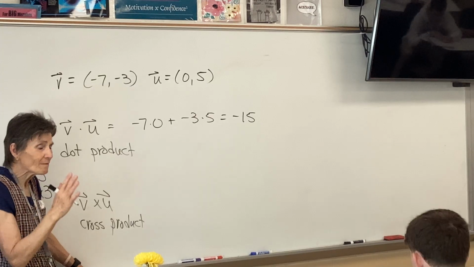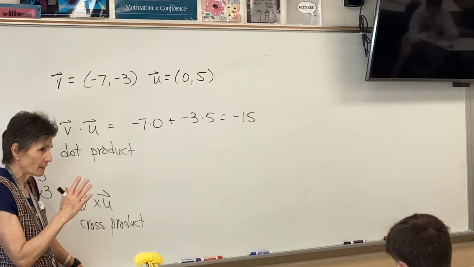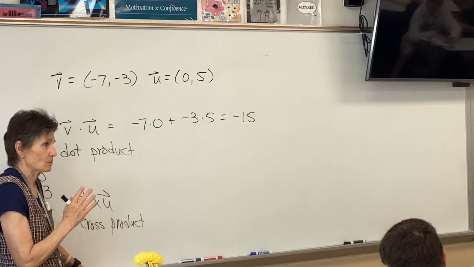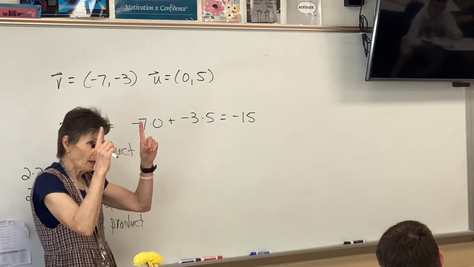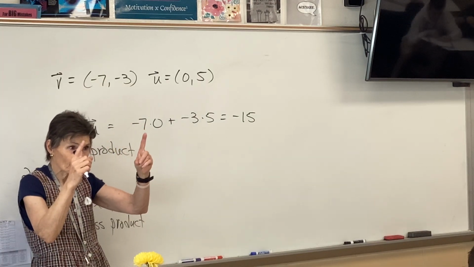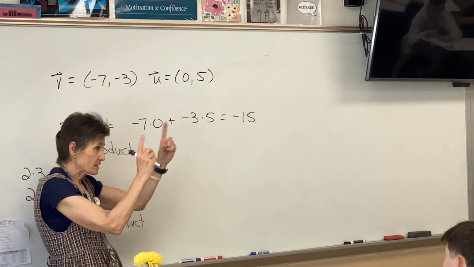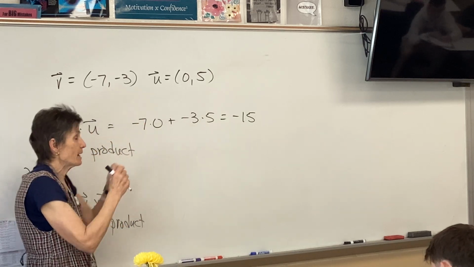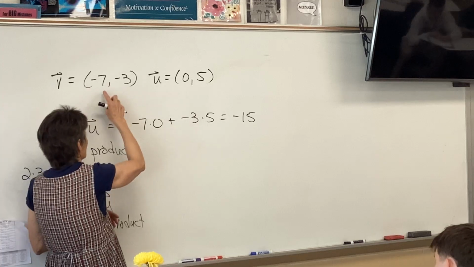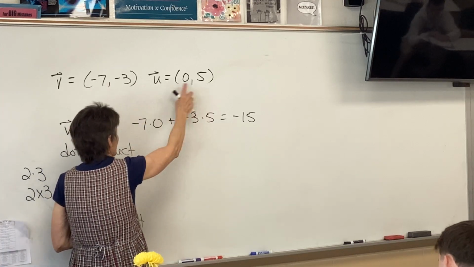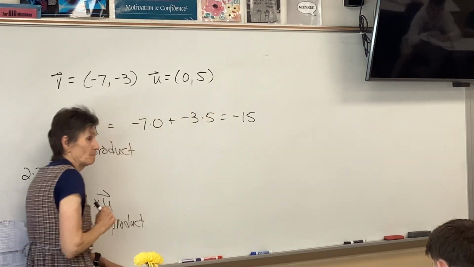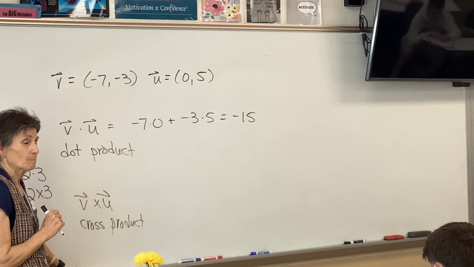So how do I find the dot product of two vectors? I multiply their first coordinates, I multiply their second coordinates, and I add them together. So basically, x times x, y times y, add them up. That's the dot product.